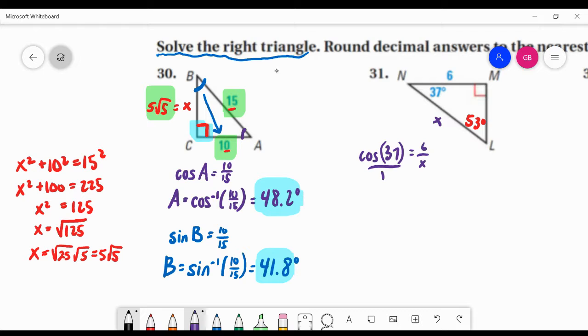We're going to cross multiply. To get the x by itself, we have to divide by the cosine of 37. 6 divided by cosine of 37 is 7.5. So x is 7.5.